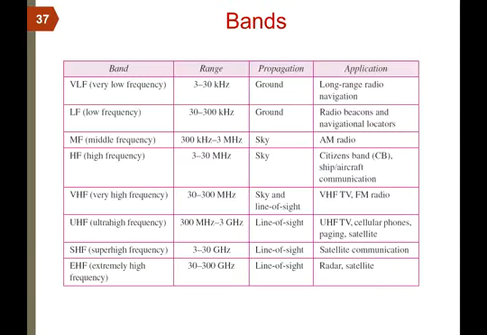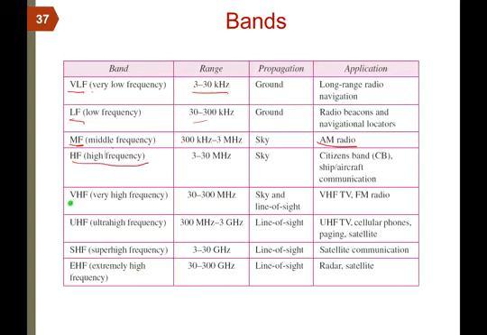We have these bands. You don't need to remember them all, but just know the names. Very low frequency. We have low frequency. We have medium frequency. This is the radio frequency, AM radio. We have the high frequency.